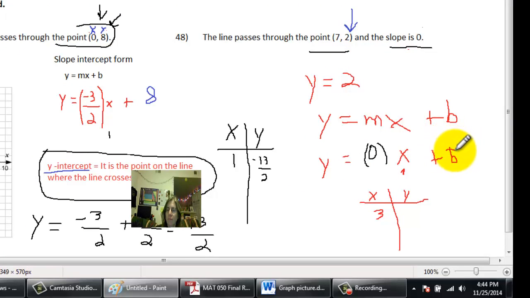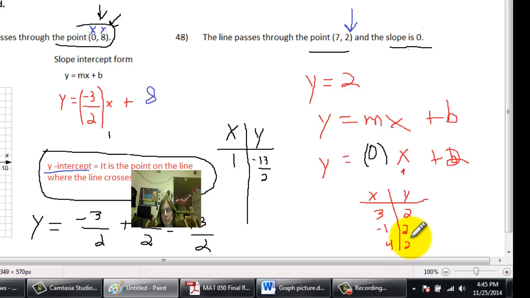No matter what value of x, I'm always going to have y equal 2. If I say x is -1, -1 times 0 is 0, 0 plus 2 is 2. X is 4, 4 times 0 is 0, plus 2 is 2.